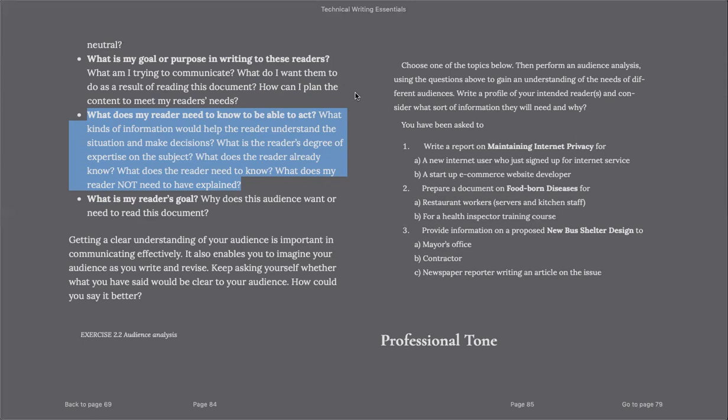You can also ask yourself, what is the reader's degree of expertise on the subject? Can I use jargon? Can I use technical words? If I know that the reader is not as technical-minded, for example, if I'm from an engineering background and I'm using technical language with the public, then it's going to be a problem because the message would not be understood properly.